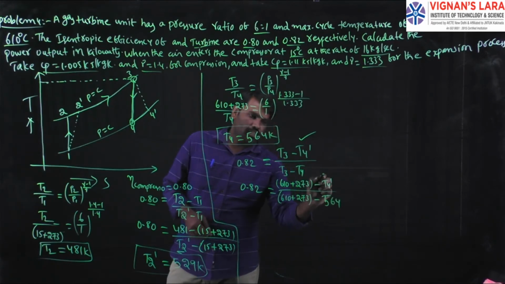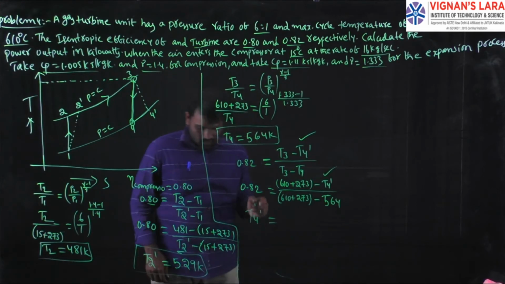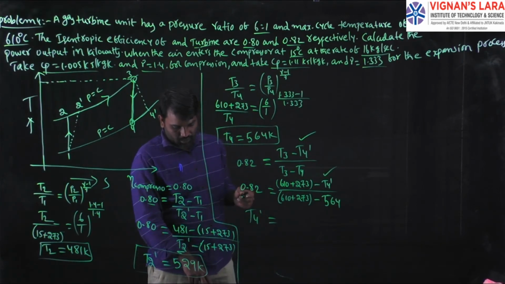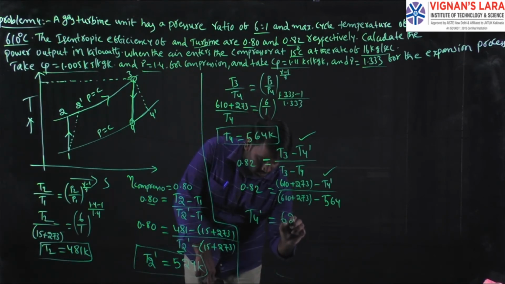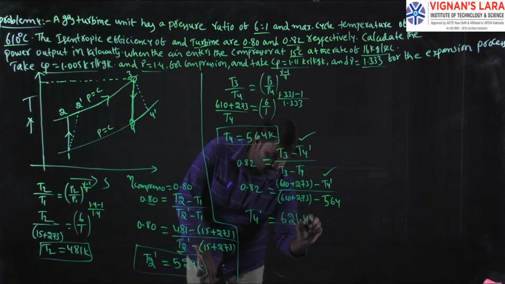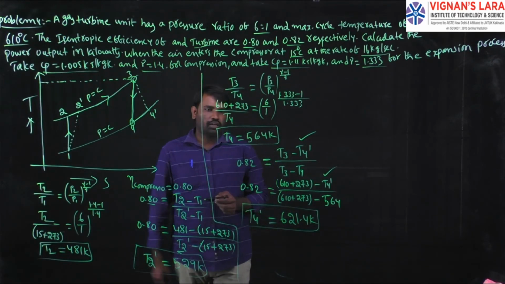In this relation, the unknown value is T4 dash. You can easily calculate it from the efficiency: T4 dash is 621.4 Kelvin.